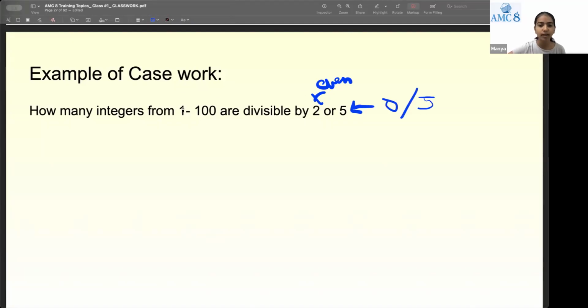So, how many numbers from 1 to 100 are even or end with a 0 or a 5? Half of the numbers from 1 to 100 are even, meaning that there's 50 numbers from 1 to 100 which are even.